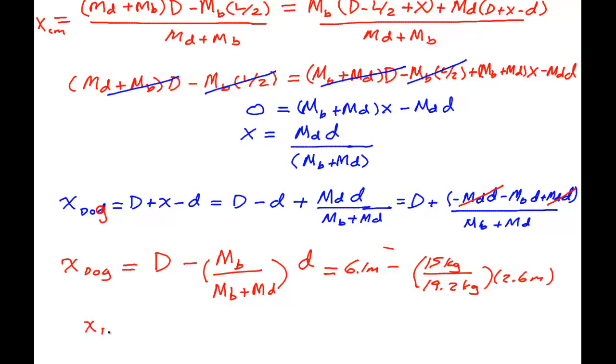So the distance to the shore, we'll need a calculator to punch this problem up. Pull out our calculator. 15 divided by 19.2 times 2.6 times minus 1 plus 6.1, and we get 4.07 meters.